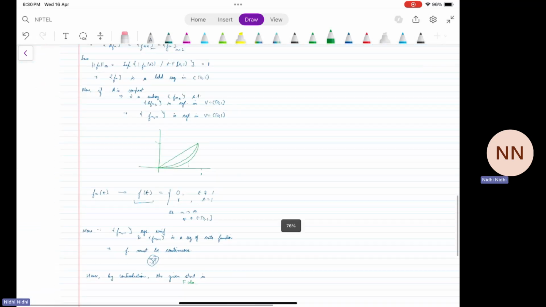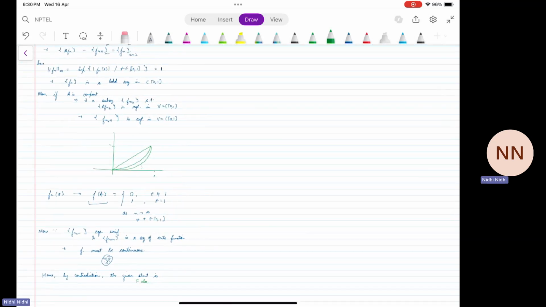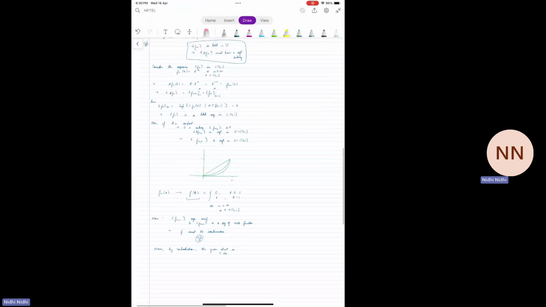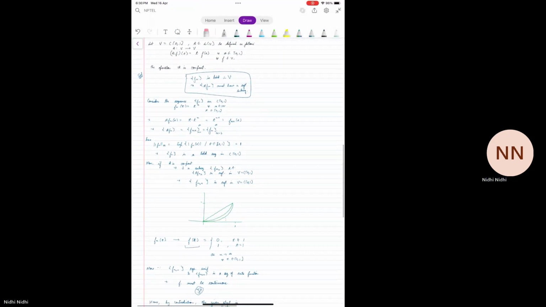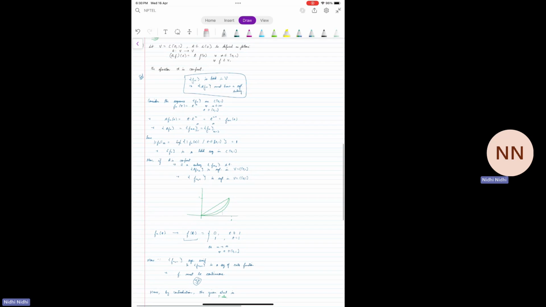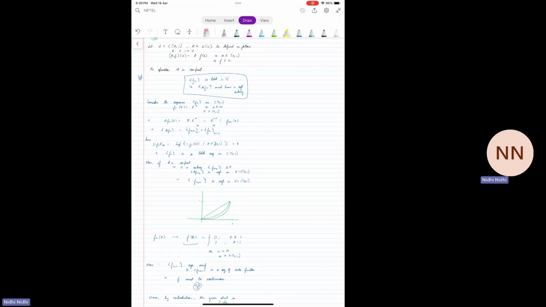So basically we have constructed a sequence in the domain which is bounded such that its image cannot have a convergent subsequence. If an operator is compact, it maps a bounded sequence to a sequence with a convergent subsequence. That means the image must have a convergent subsequence.